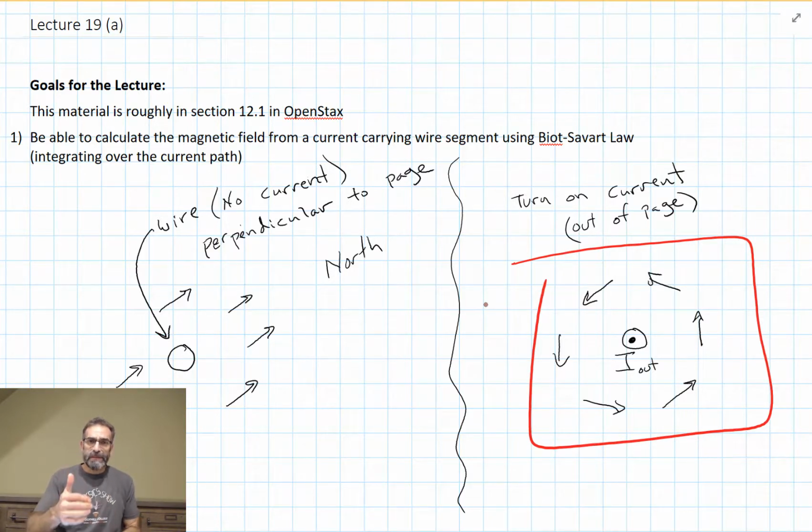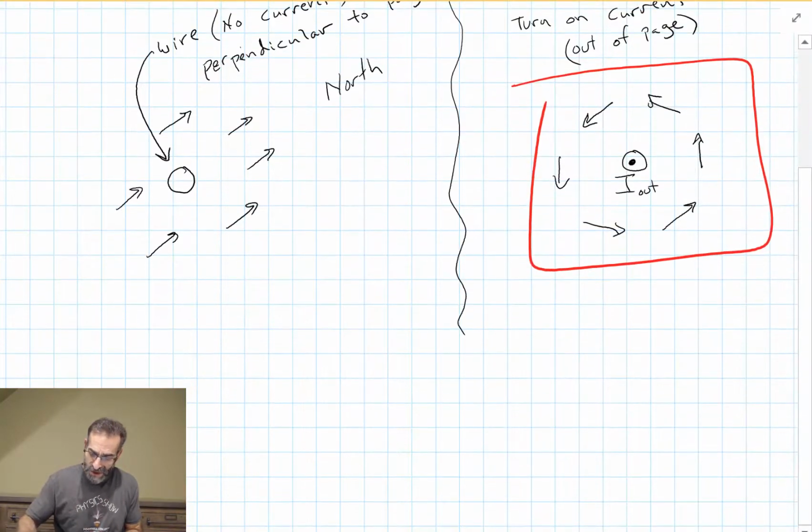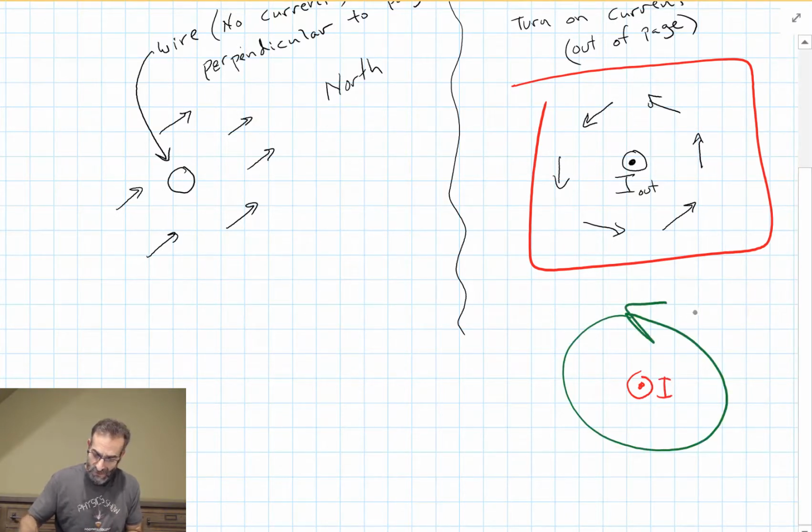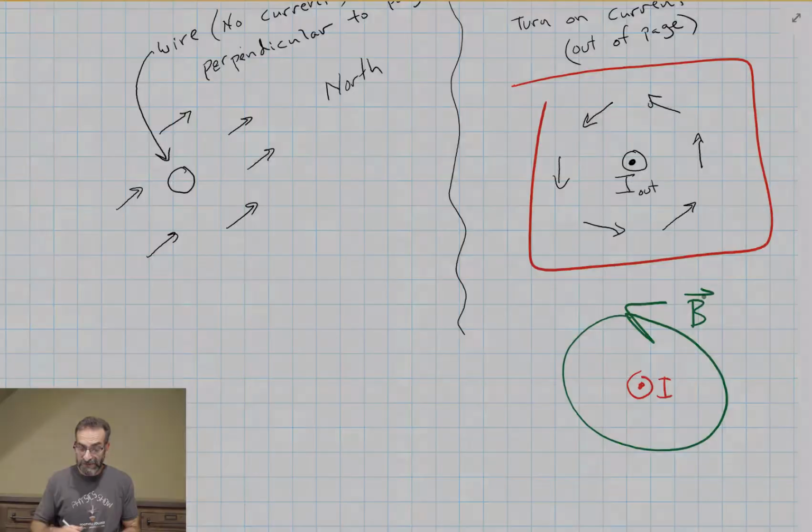Well, my right thumb in the direction of the current, my fingers roll around the wire in the direction of the magnetic field. And so I can see when I have a current coming out of the page, my magnetic field goes around the wire in the counterclockwise orientation when viewed from this angle.